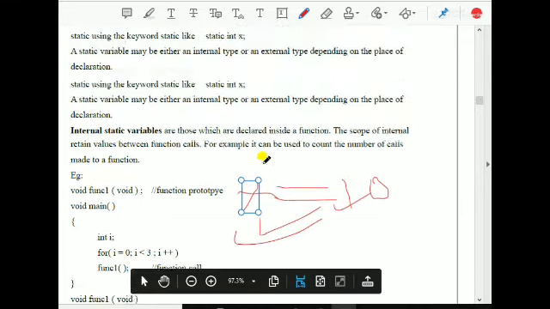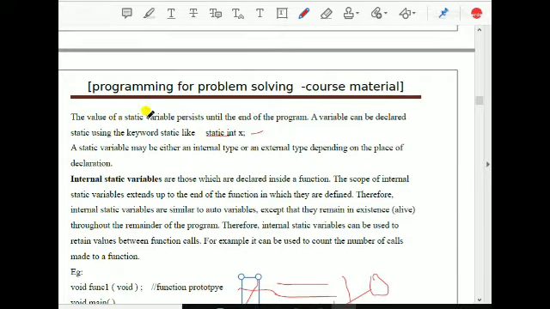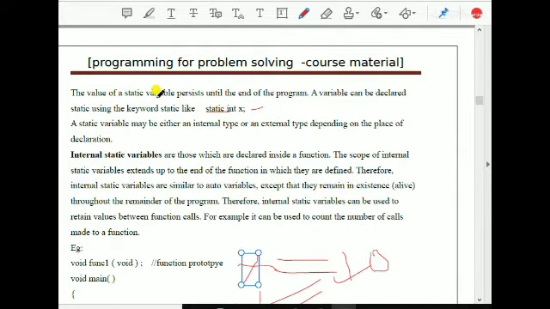It is called an internal static variable. If we use static, it will go till the end. I will show one program. You can easily write that the value of a static variable goes till the end of the program. A variable can be declared static using the keyword static.